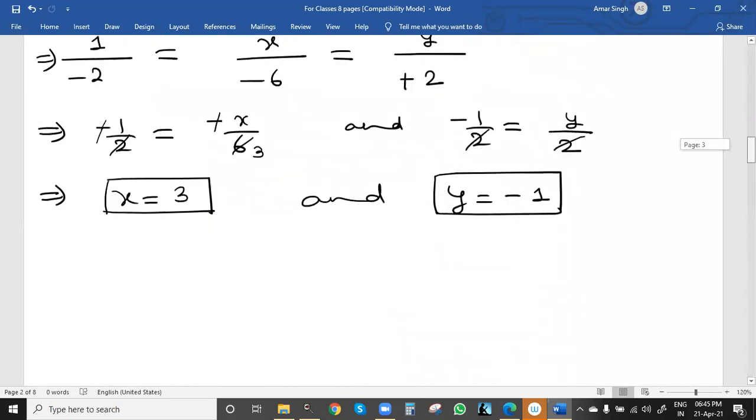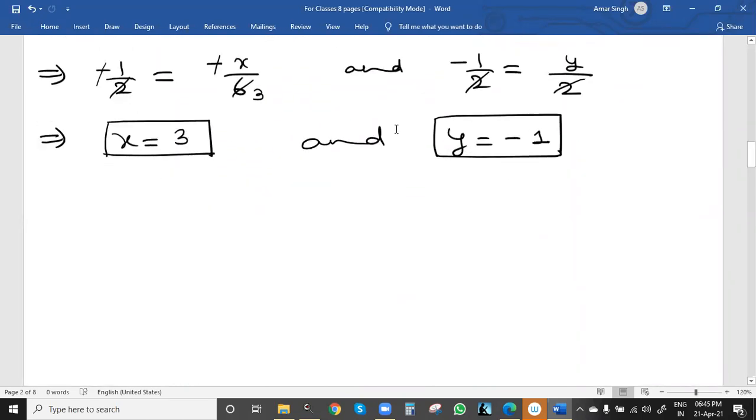We'll see in detail when we solve the exercises. Now one more thing here. Now the question we have solved, x is 3 and y is minus 1. Now we want to know the types of solution.